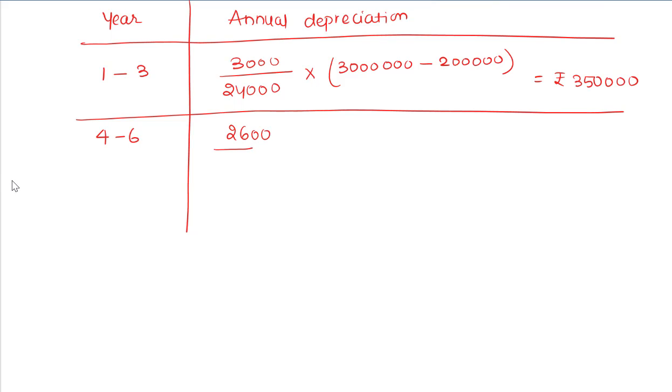So 2,600 divided by 24,000 multiplied by 30 lakhs. 30 lakhs is the original cost minus 2 lakhs, that is the scrap value, so 30 minus 2 is 28. 2,600 divided by 24,000 multiplied by 28 lakhs is equal to 3,03,333.